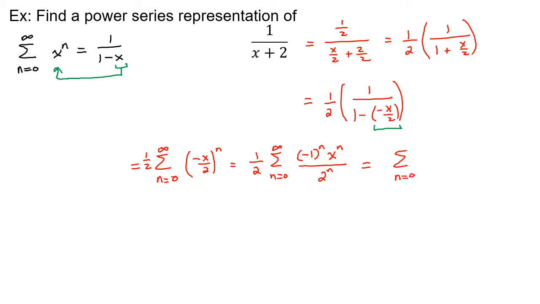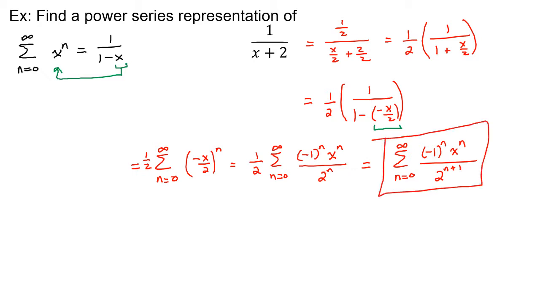And I could say my series looks like negative 1 to the n, x to the n, and then a 2 to the n plus 1, the plus 1 from the 1/2 that gets factored out front. I can pull it back in, and it would look something like that. I won't worry about plugging numbers in here, but you could if you wanted to. Your first one would just be 1/2, and then your next one would keep going up in powers.